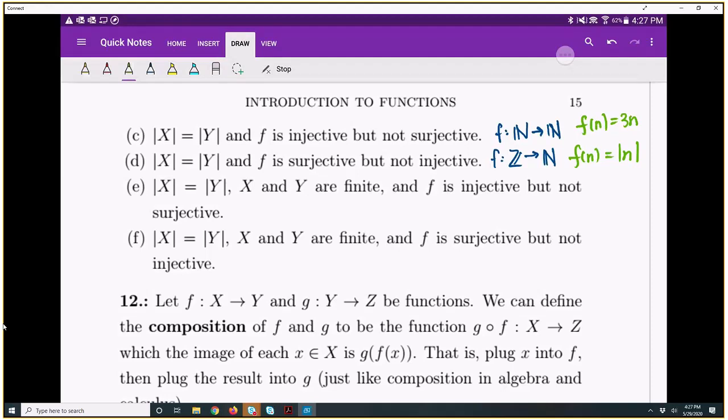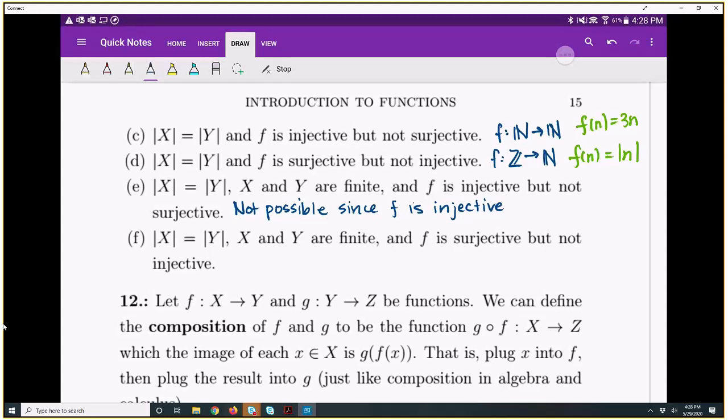Then it says, well, what if the cardinality of x is equal to the cardinality of y, and x and y are finite in cardinality? Then can f be injective but not surjective? And here's where we would say this is not possible. Why not? Well, if f is injective, then as we know, each element in the domain has a different element in the codomain.